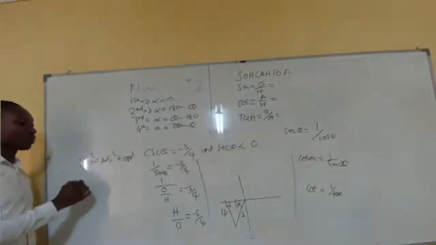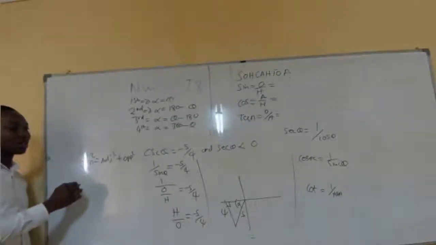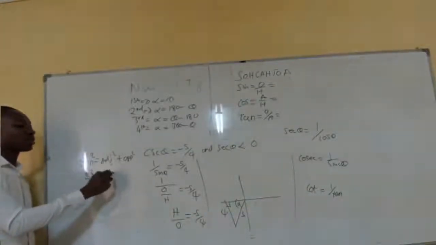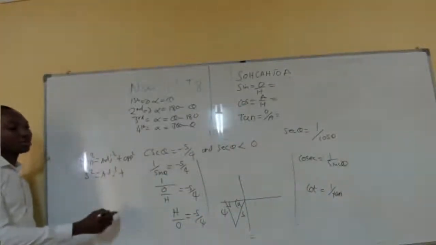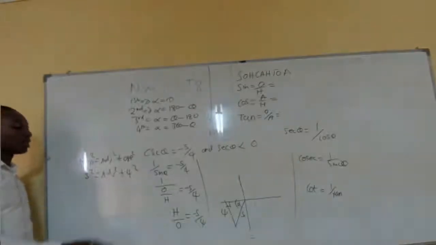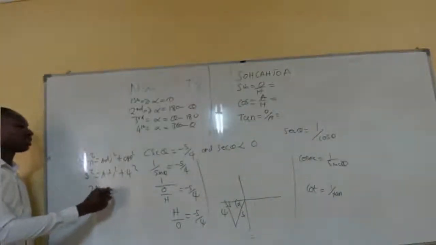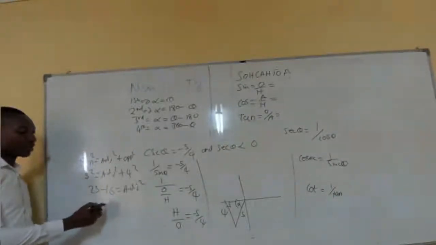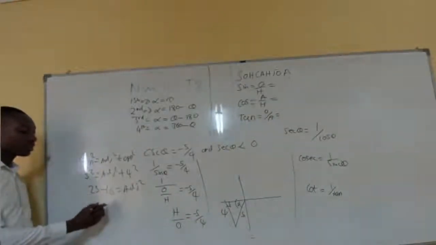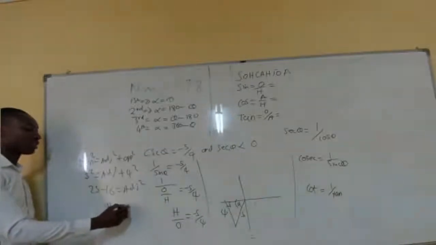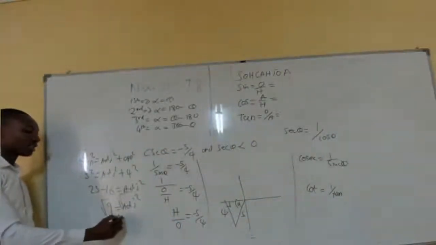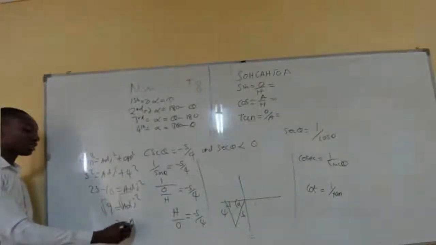The hypotenuse is 5 squared, the adjacent is what we're looking for, and the opposite is 4 squared. So 25 minus 16 is equal to adjacent squared. This is 9. Take the root on both sides, and the adjacent is 3.